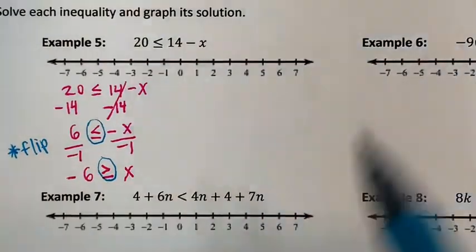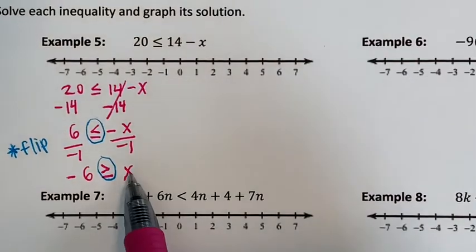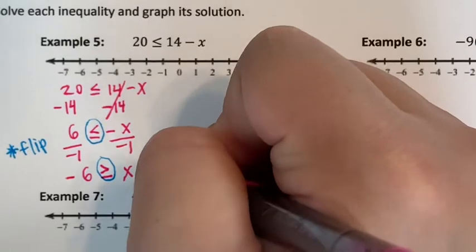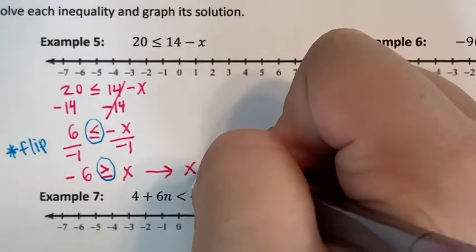That's our rule. This is what I have to graph now: negative 6 is greater than or equal to x. I don't like seeing x on this side, so I prefer to rewrite it. That's just my preference.